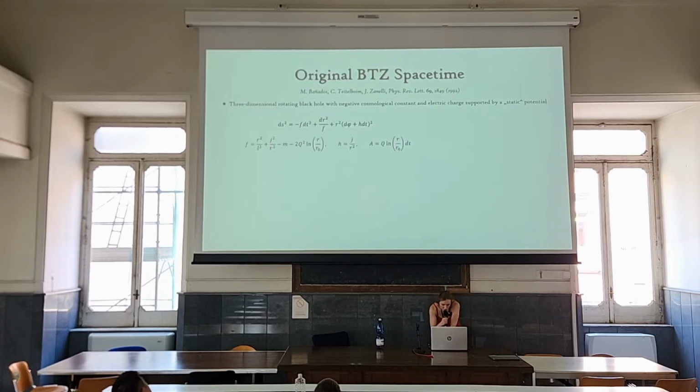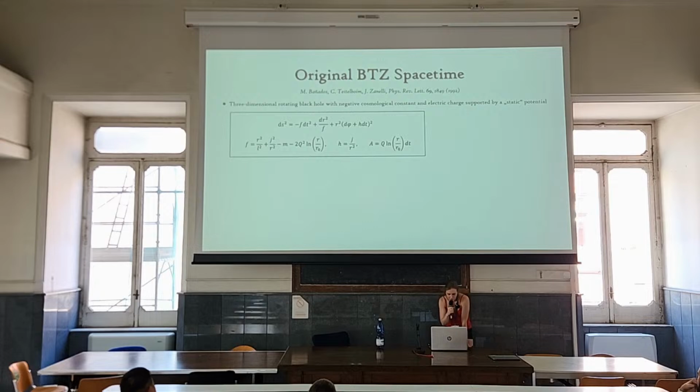The solution looks like this. We have two different metric functions f and h, which contain the mass parameter m, electric charge q, rotational parameter j, AdS radius l, and also some logarithms, just to make sure that those logarithms are dimensionless.